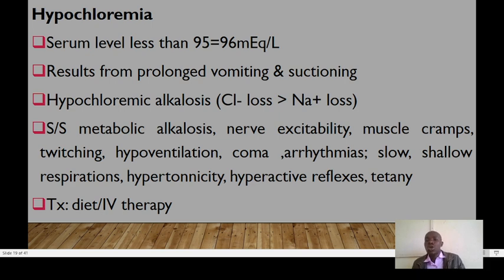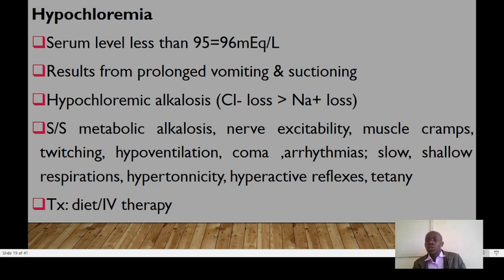So when you have low chloride ions in the body, less than 95, some say 96, we refer to that condition as hypochloremia. It normally results from prolonged vomiting and suctioning. And we have hypochloremic alkalosis, right? So we have the loss of the chloride.